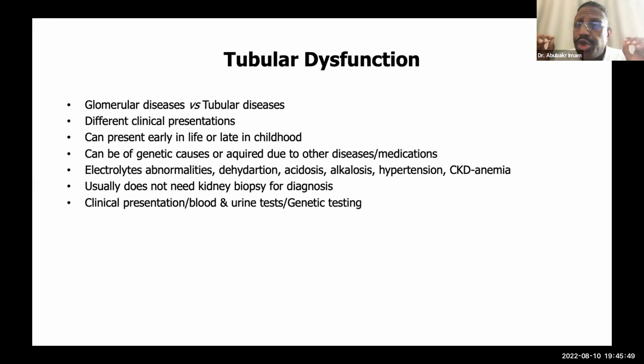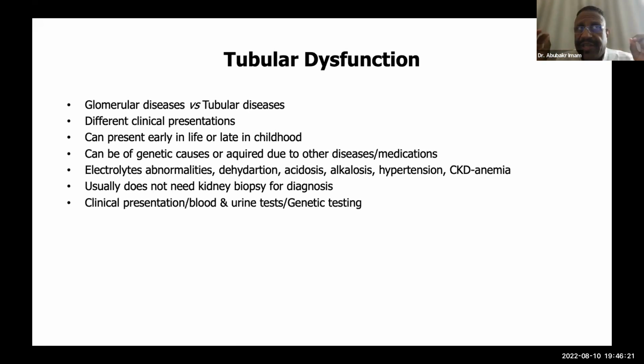So usually, one of the most important things about glomerular disease and tubular disease is that you do not usually need a kidney biopsy for diagnosis. Tubular disease is different from glomerular disease in that you can take the clinical presentation alone, do your blood and urine tests, and then come up with what is most likely the cause of the tubular disease.